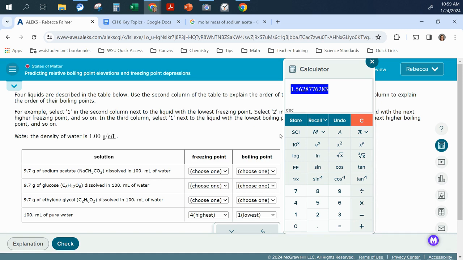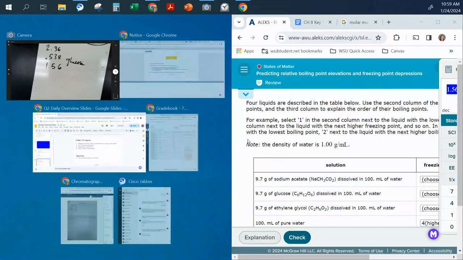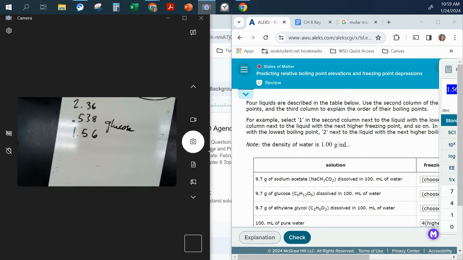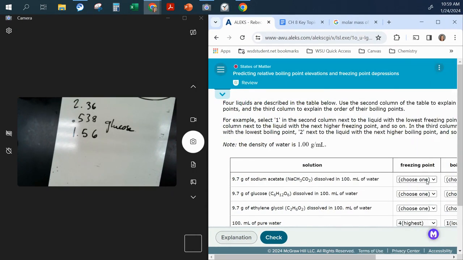Okay, so then I'm going to rank these based on the value that I got. For sodium acetate, we got 2.3. That's the biggest value. That's going to have the biggest effect. So that's going to decrease the freezing point the most.